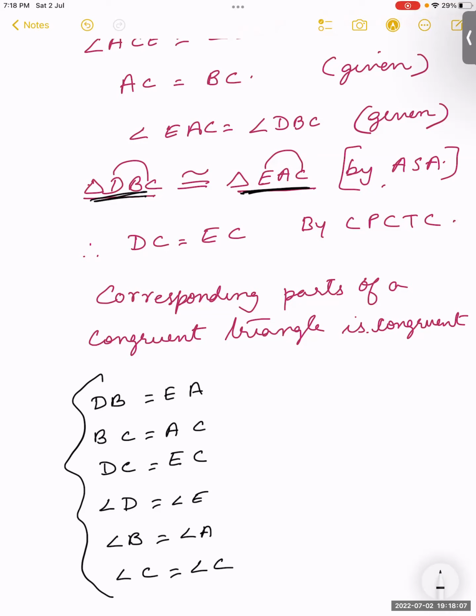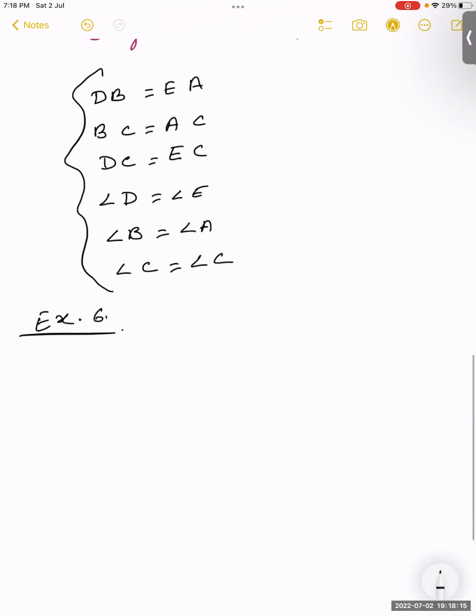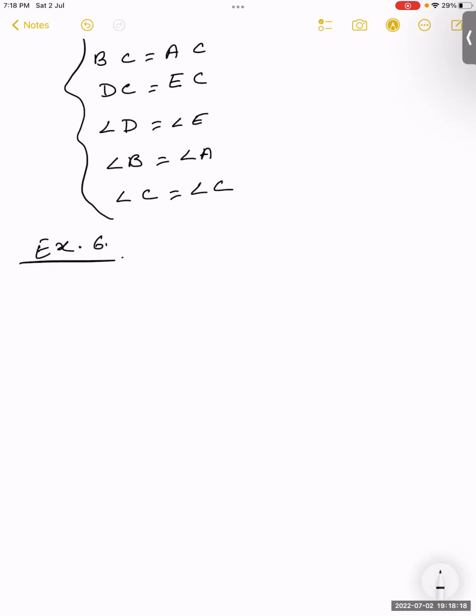I'm done. Okay. So let's try the sixth question then. Example 6. You have a parallelogram first, which is ABCD. And then squares.